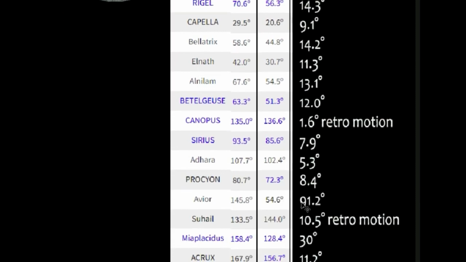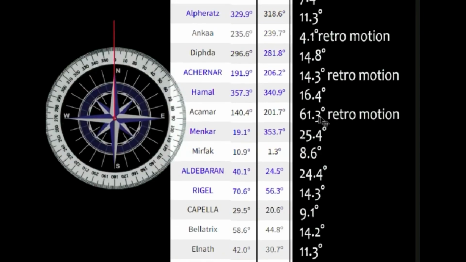A jump of 91 degrees. Put that next to that 61 degree retro motion. That's a difference in azimuth of like 150 degrees in an hour.